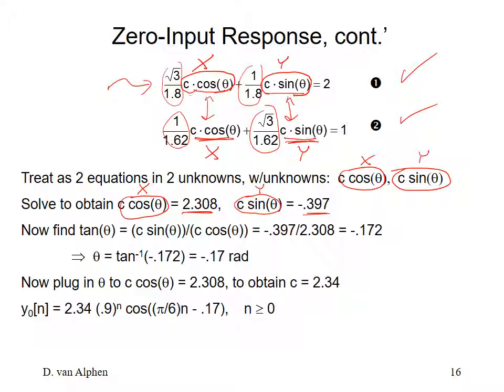So what we're going to do is find the tangent of theta by taking c sine theta over c cosine theta. Obviously the c's would cancel, and you'd get sine over cosine, which is tangent. That's correct. But the point is, we knew a numerical value for c sine theta from up here, and we have a numerical value for c cosine theta right there.